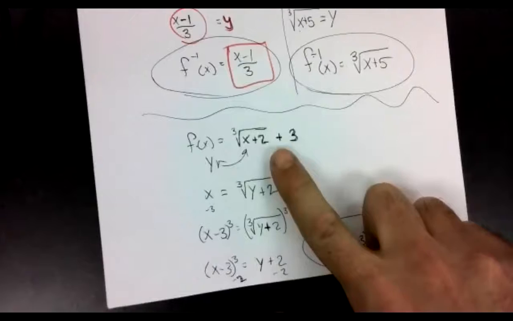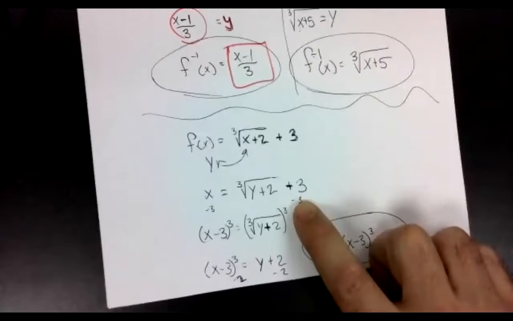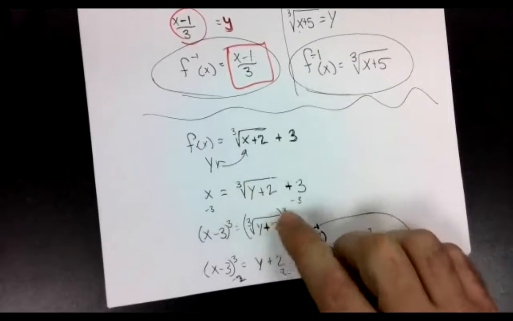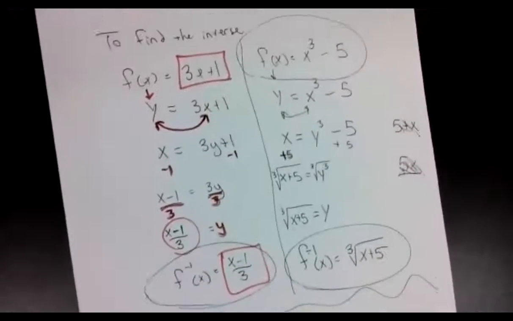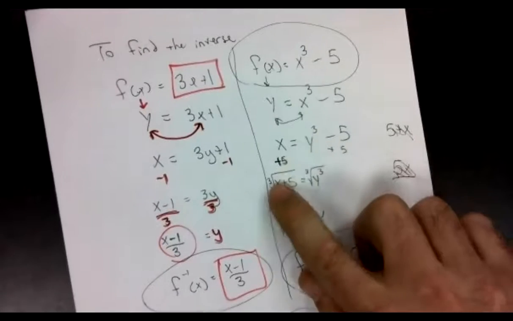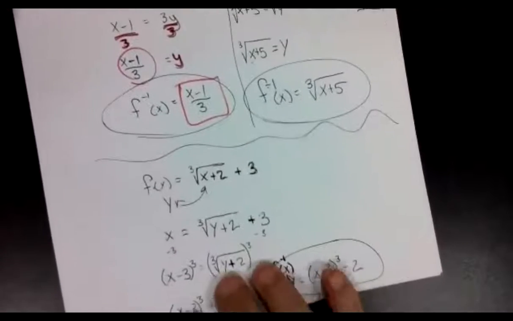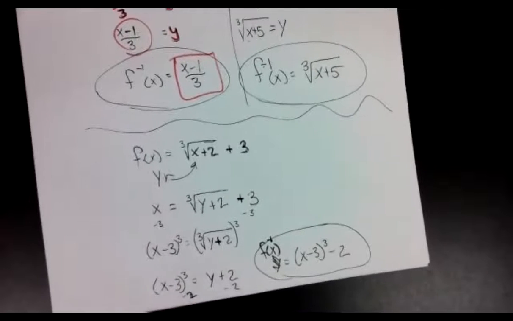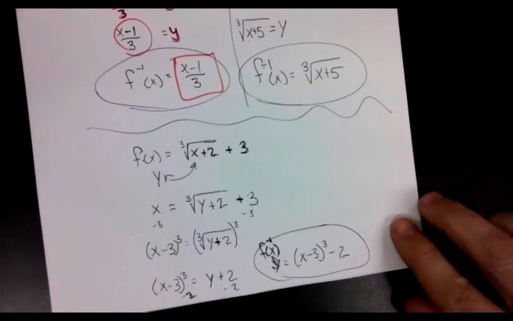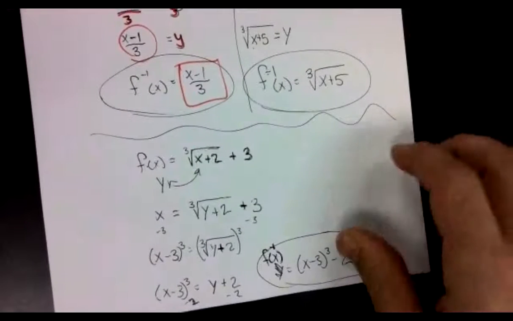Just remember, the opposite of adding is to subtract. The opposite of a radical is a power. The opposite of a power is a radical. The opposite of multiplying is to divide, all that same stuff. All that same stuff you learned to solve regular equations all still holds true. They may also ask you to show the inverse graphically.